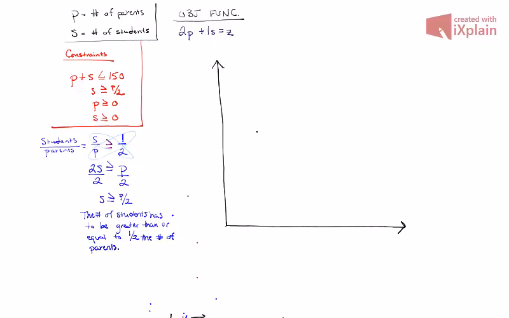And because we're working with such a large number in our first constraint, that p plus s is less than or equal to 150, I'm going to go ahead and do my tick marks on a scale of 10.